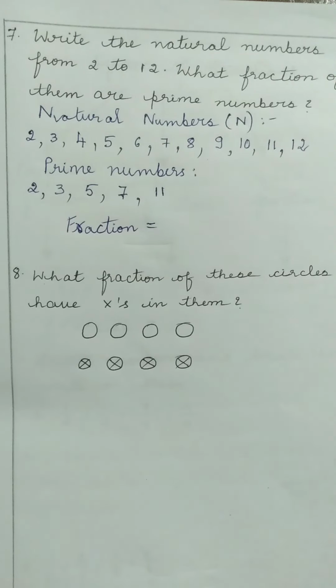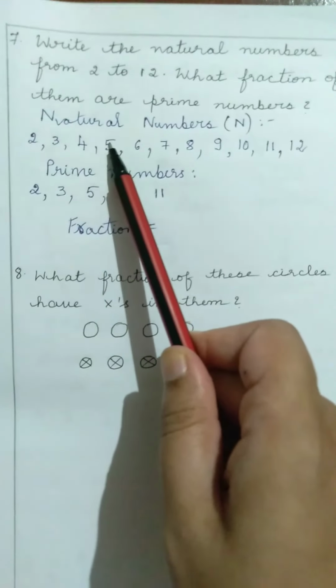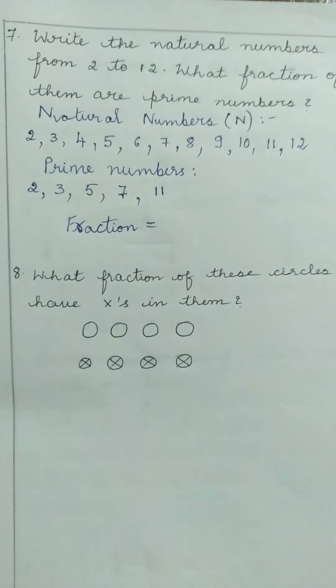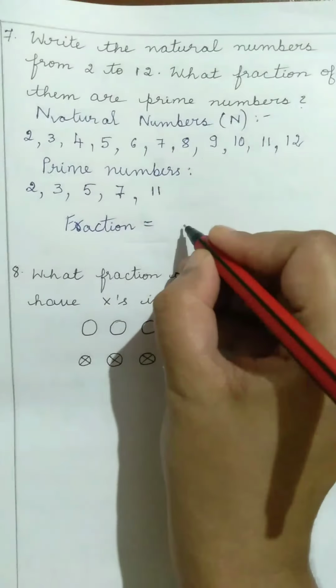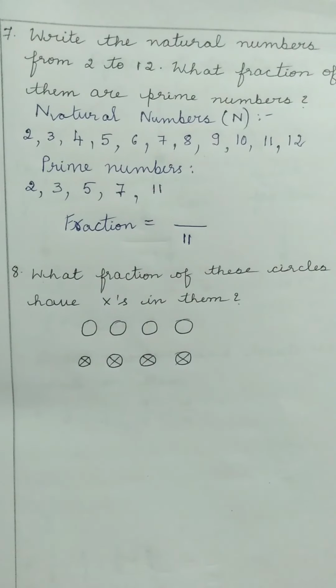First, count the total number of natural numbers. Those are 2, 3, 4, 5, 6, 7, 8, 9, 10, 11, 12. So, there are total 11 natural numbers. Out of 11 natural numbers, how many prime numbers we have?